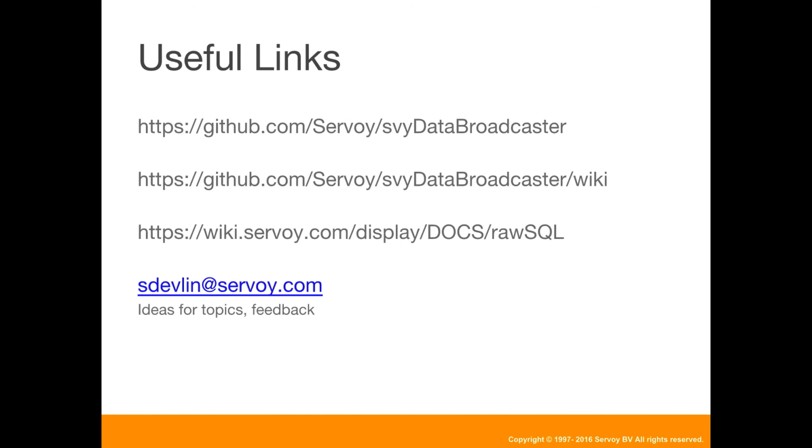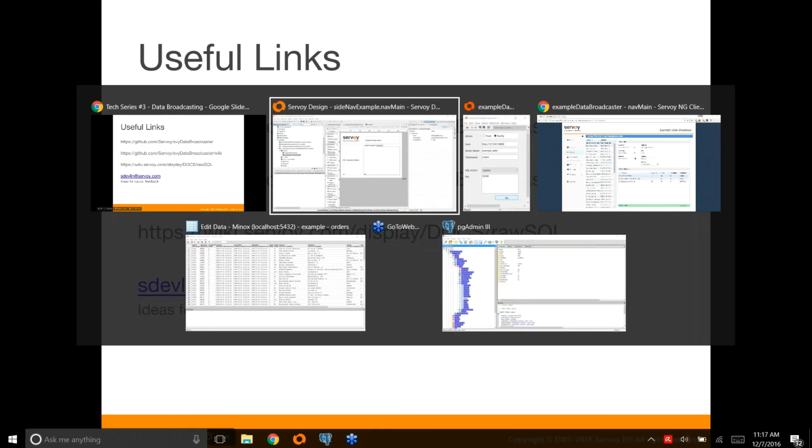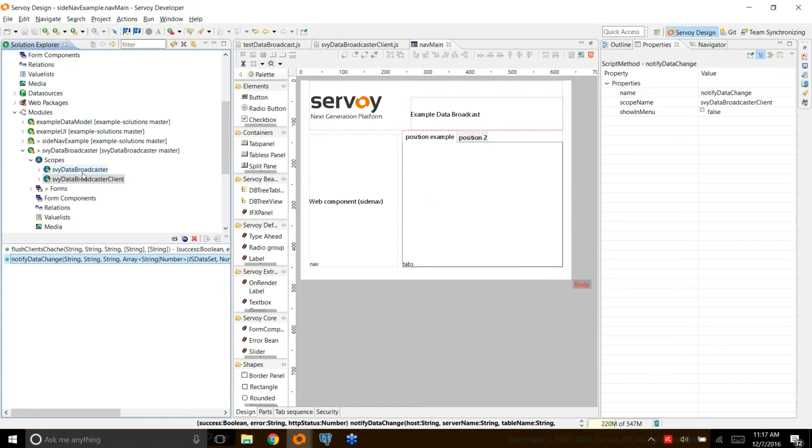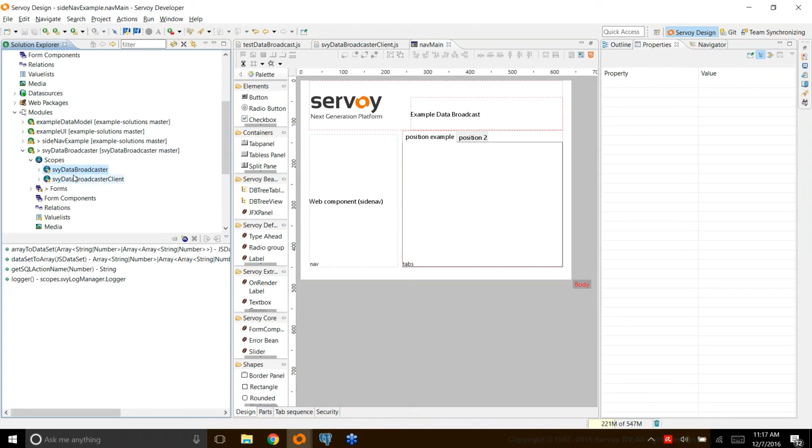Okay, sure. So I mentioned that there's these two scopes. One is the sort of the server-side scope, and the other one is like a client if you need it. And a bit of this also goes to just how web services work in Servoy in general.